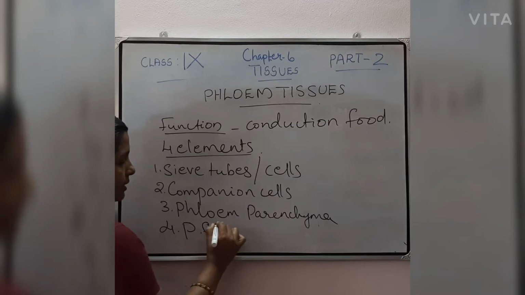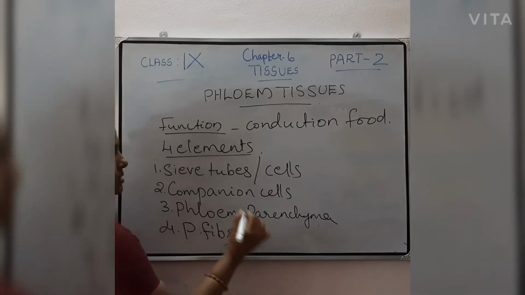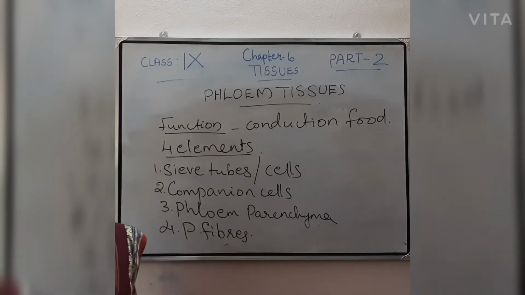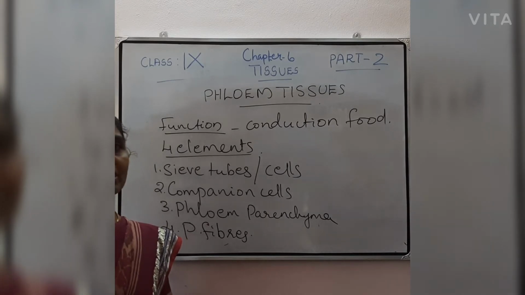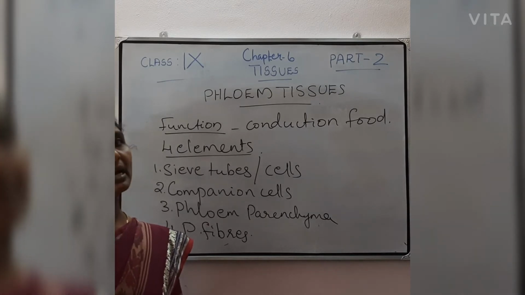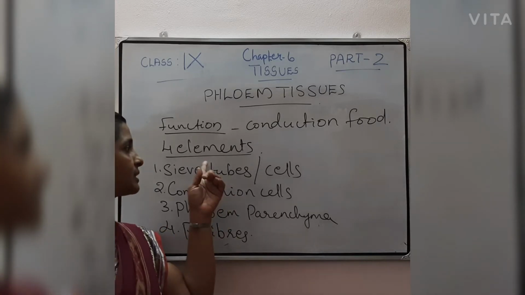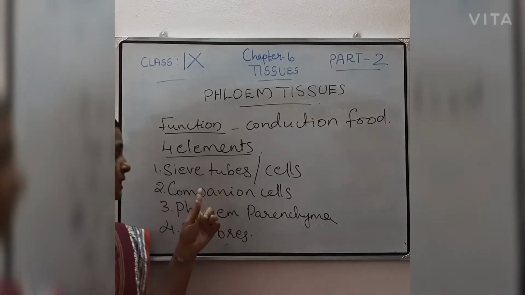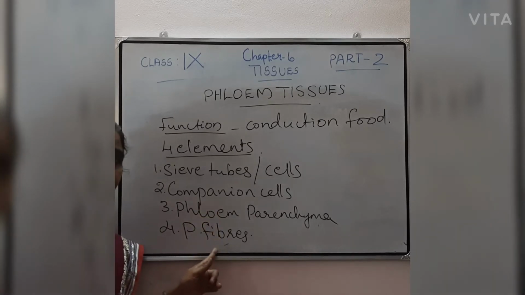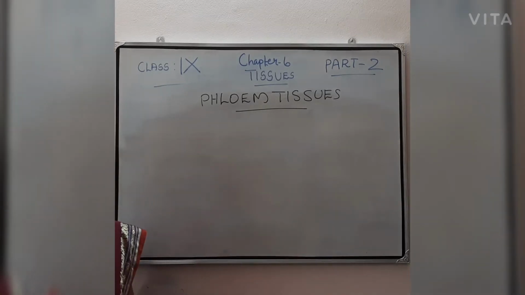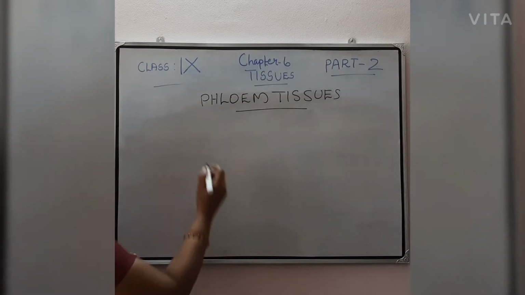So these are the 4 elements of phloem tissue. The 4 elements of xylem tissue were tracheids, vessels, xylem parenchyma and xylem fiber. But here it is sieve tube cells, companion cells, phloem parenchyma and phloem fibers. Next is about the elements of phloem tissue.